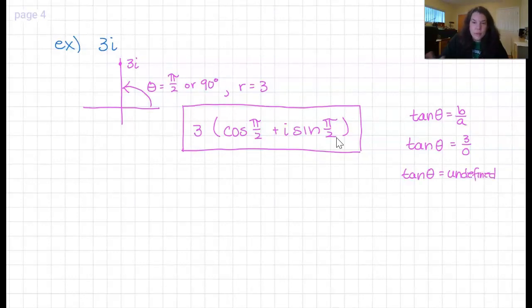Well, if you remember your table, because you can't plug that in on the calculator. So now you're either going to have to think about the picture, or you can remember your table of values. But tangent is undefined when theta is 90 degrees or 270 degrees. And again, you have to use the location of this to decide which one you're going to use, 90 or 270. So I just wanted to point that out.